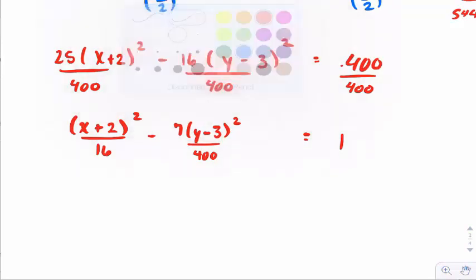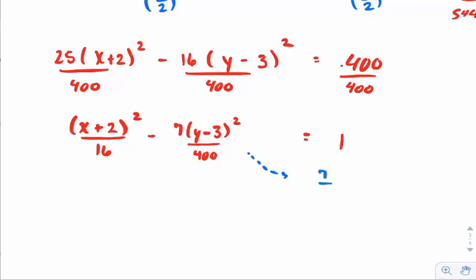What we're going to do is I'm going to take this fraction here, which is 7 over 400. And I want it to be equal to 1 over b.